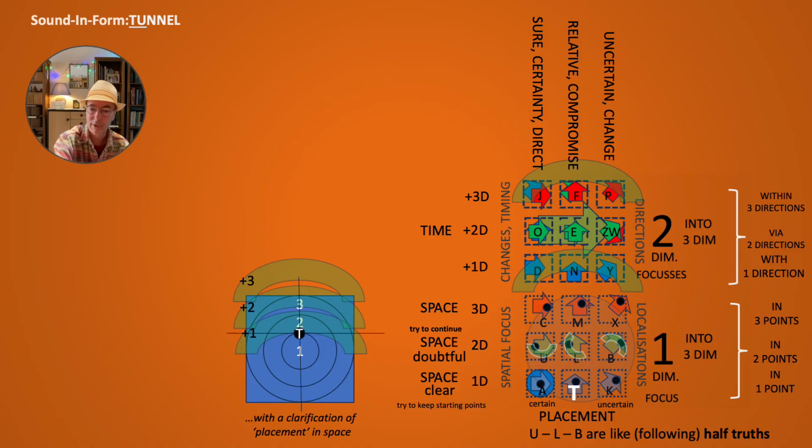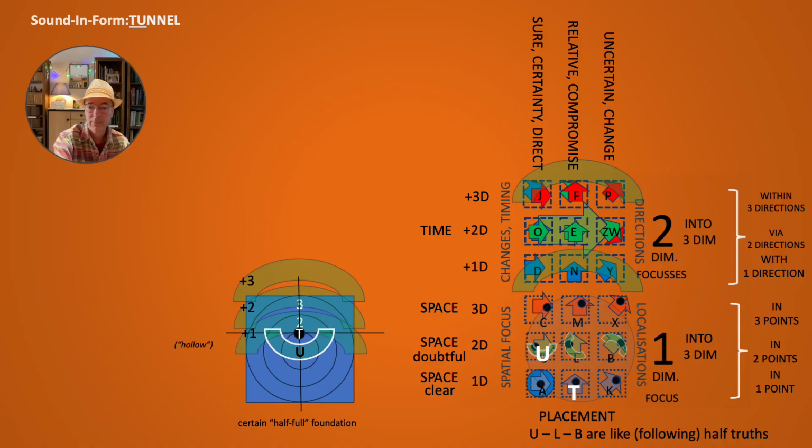And you see these forms also. So you have only a part that is following as a foundation, L as a formation, and B as a border. But we are talking about the U. So the U is that half full foundation. Let's say it's no longer a full foundation like in A, it's half full, because we only follow half of our half of a center, let's say also.